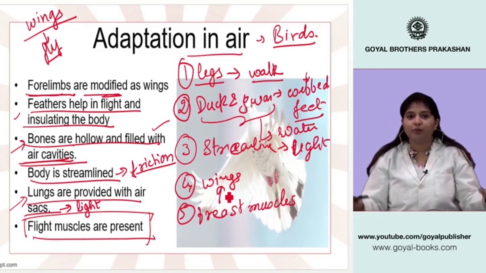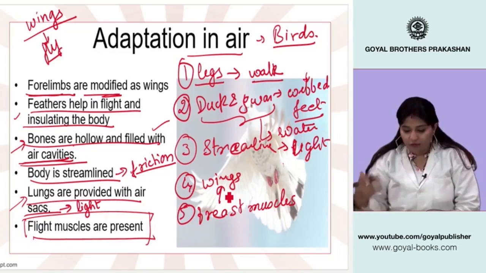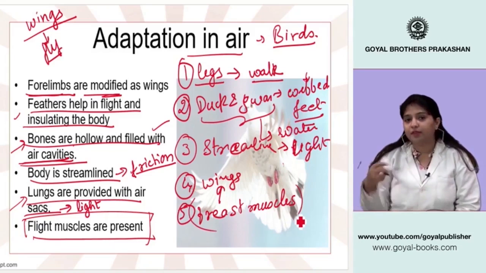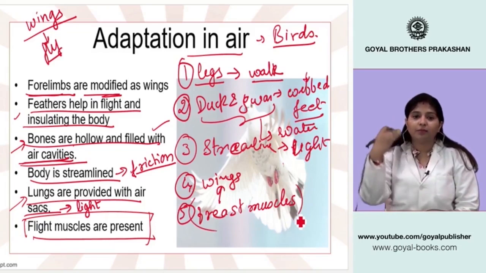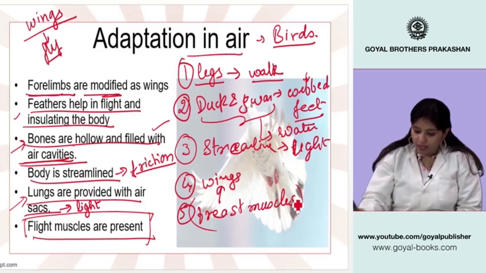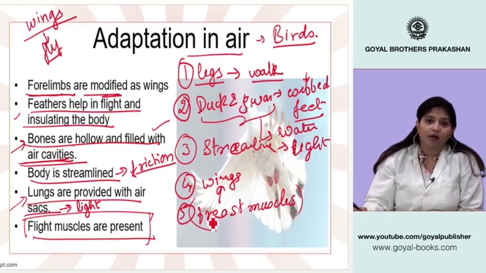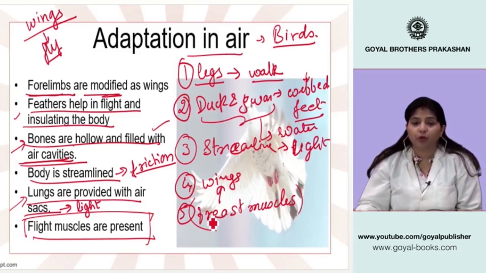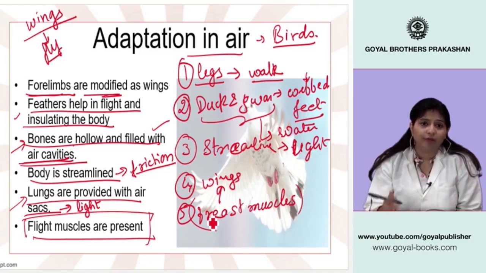You must have seen when the bird flies, it pushes the wing down and pulls it up, and that's how the bird takes flight. This function goes on until the bird is flying, right? So these muscles ought to be really strong, and thus they keep the bird in flight.